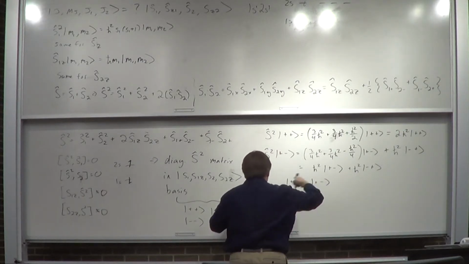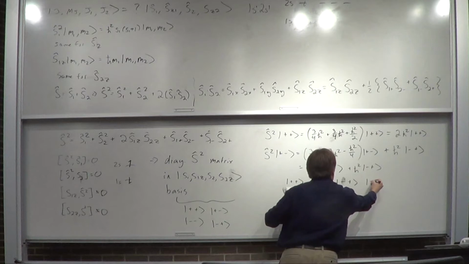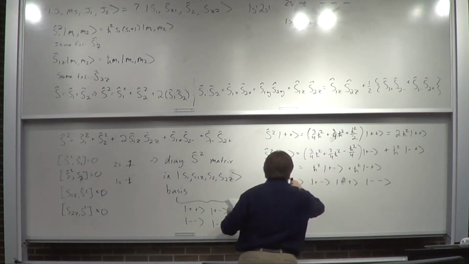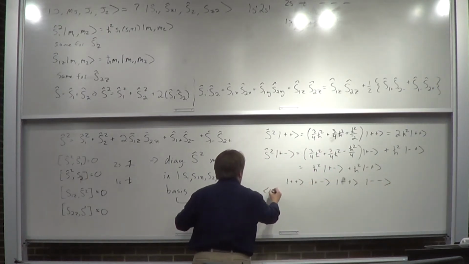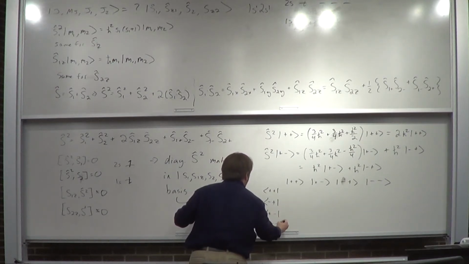Remember that the rows are kets when you do these elements, and the columns are bras. That's plus plus, minus plus, plus minus, then minus minus.